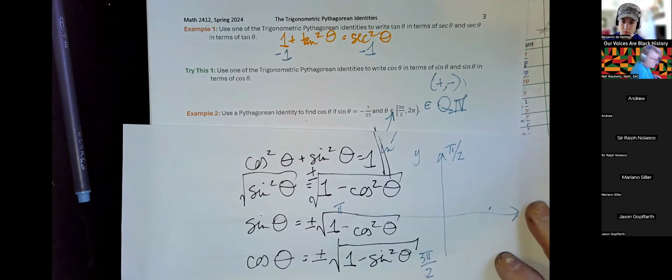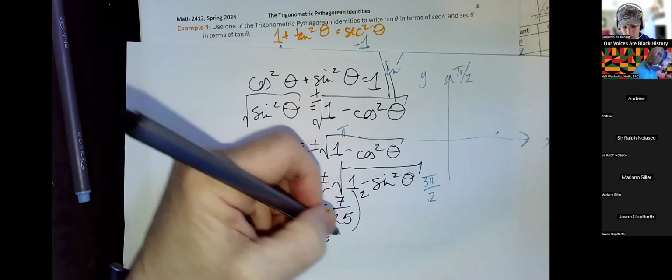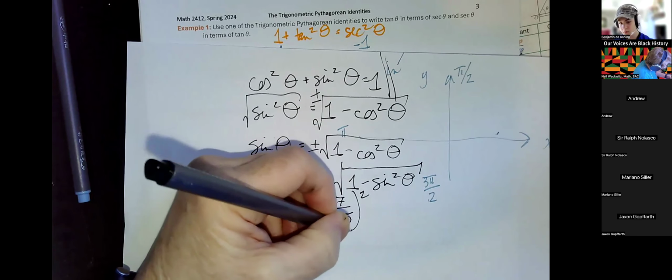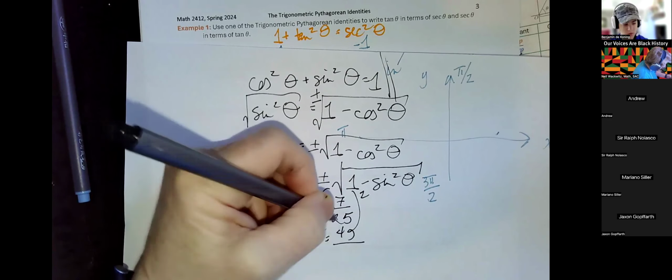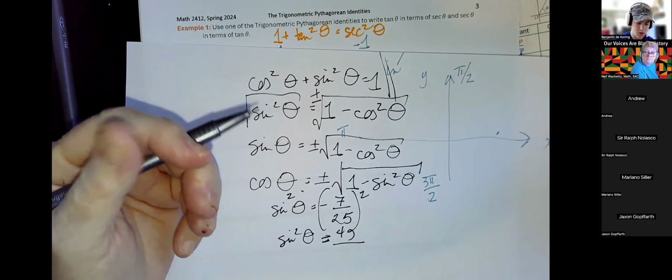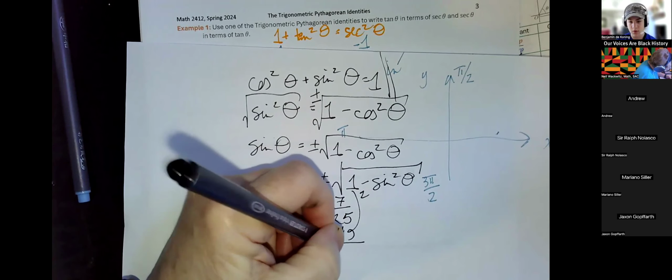That might help us to square that. What is a negative times a negative? Positive. Good. And 7 squared? 49. And 25 squared? You can cheat. 625. Beautiful.